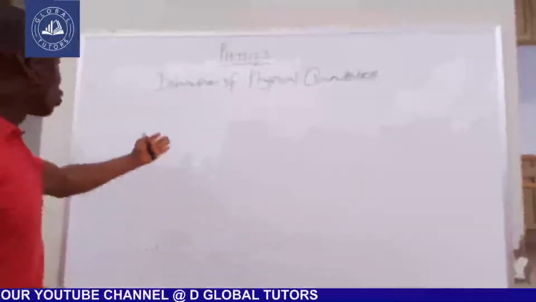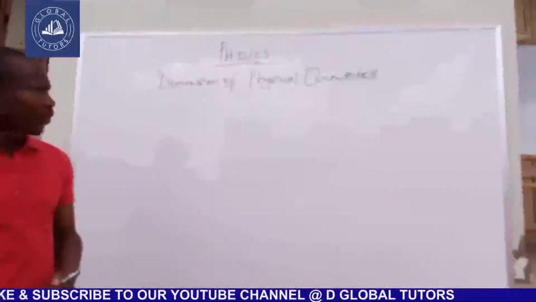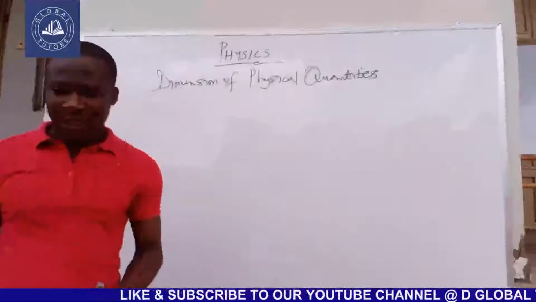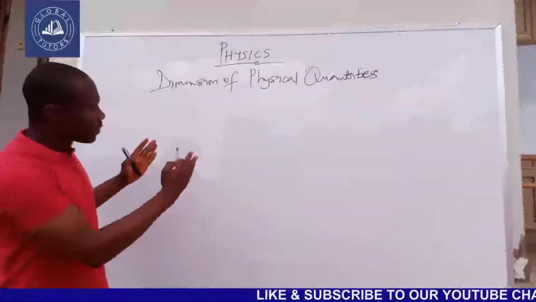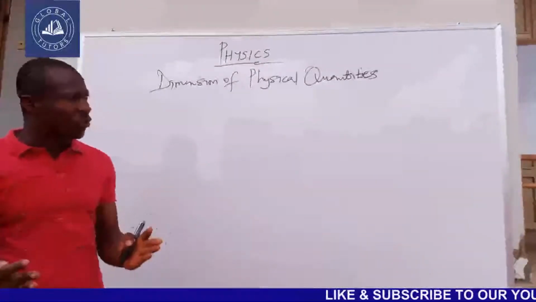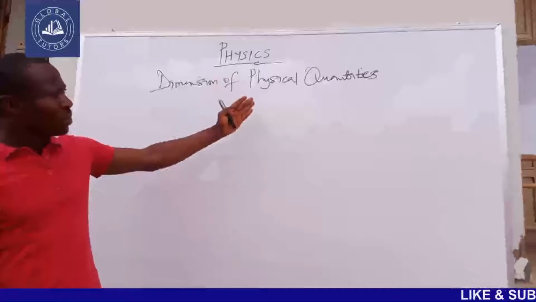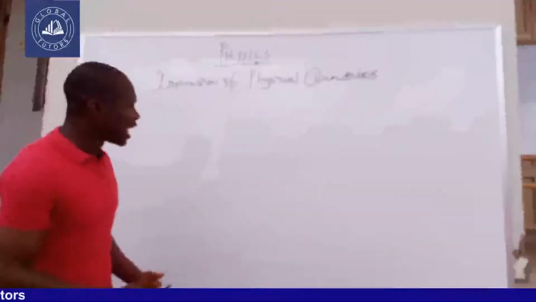So what is dimension? Dimension is an equation which expresses a physical quantity in terms of its dimension. If I say physical quantities, we mean both fundamental and derived quantities. Those are the physical quantities.